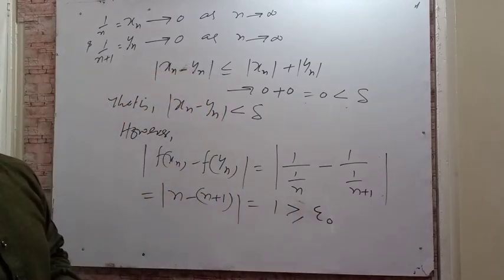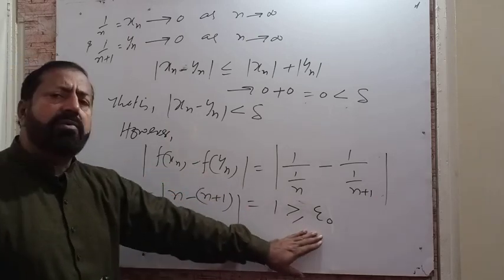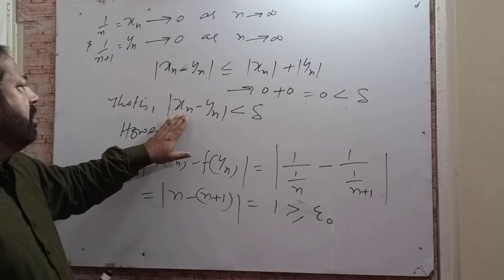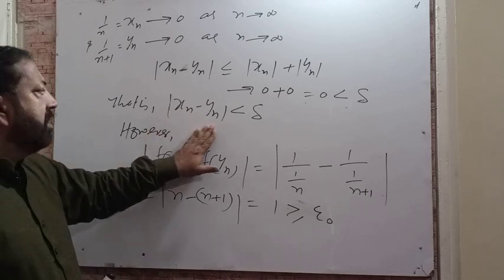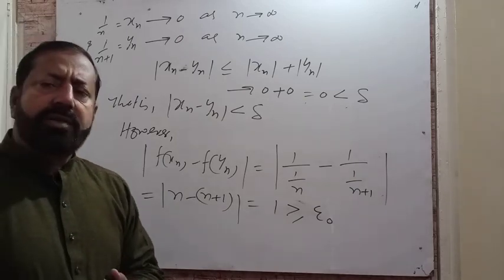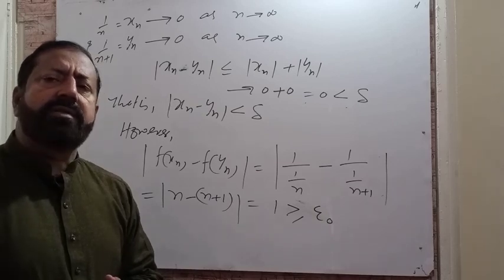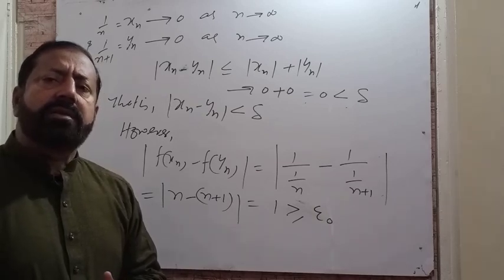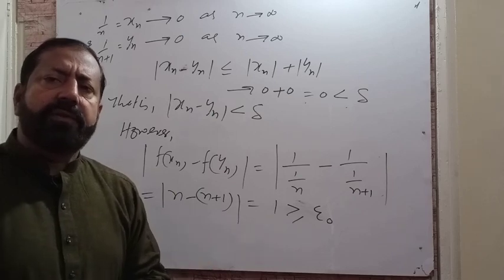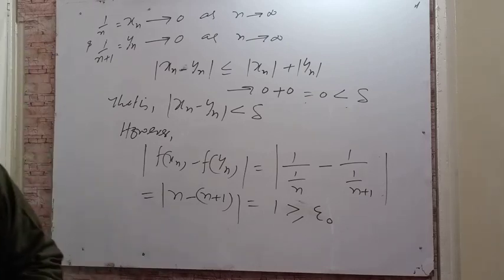Yes, we have seen that |f(x_n) minus f(y_n)| is greater than or equal to epsilon naught, even though |x_n minus y_n| is less than delta for every positive delta. So this function f(x) equals 1 over x is in fact not uniformly continuous on the domain (0, infinity). Okay, I have another example. You can have another example.